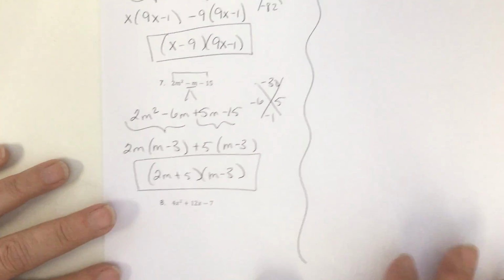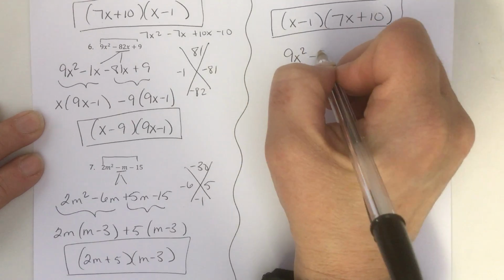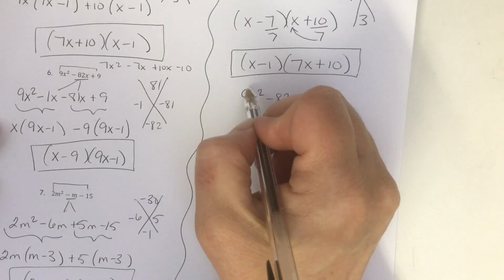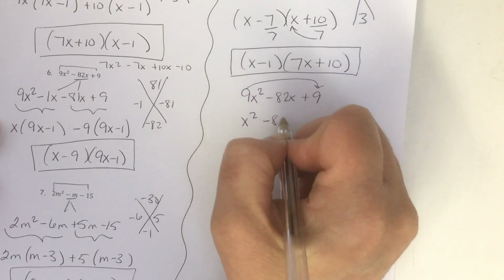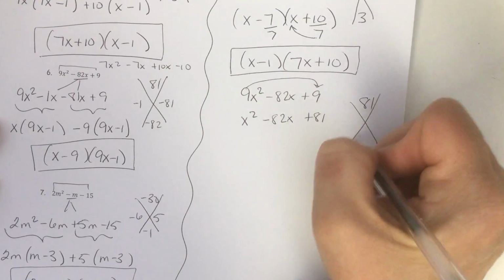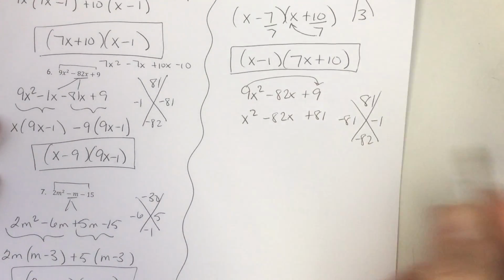Okay, doing the same one with slide divide. I've got 9x squared minus 82x plus 9. So I slide the 9 over and it becomes 81. So I have x squared minus 82x plus 81. So I have an 81 on top, negative 82 on the bottom, negative 1, negative 81.